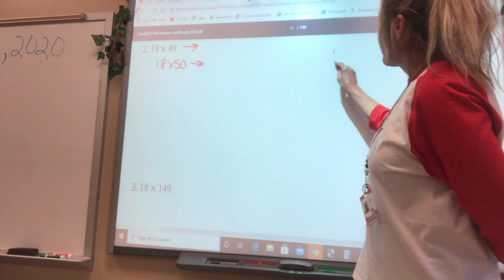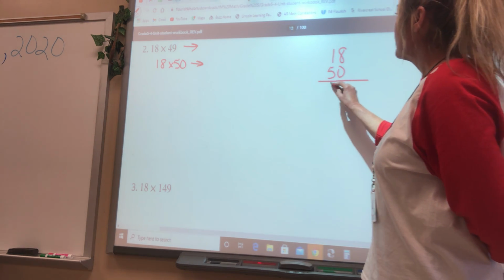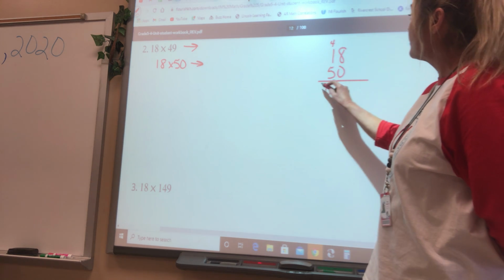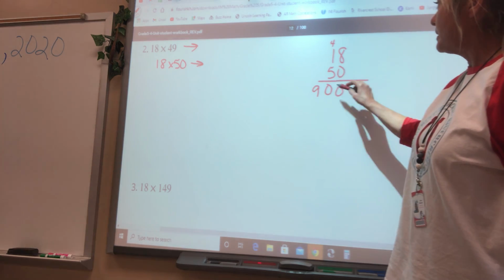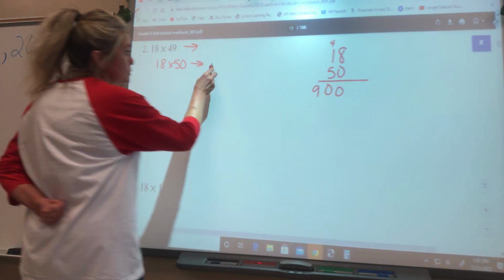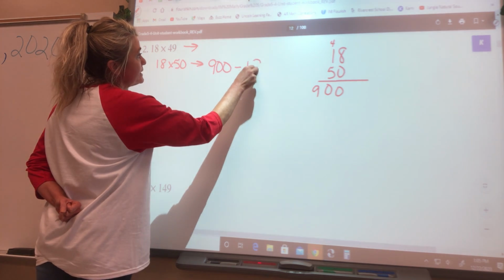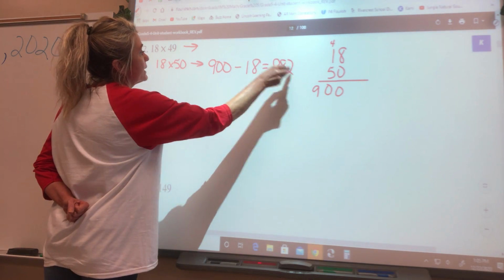We did our quick math. 5 times 8 was 40. 5 times 1 was 5. Plus 4 is 9. And then we had the one that we didn't use yet. Okay. So this was 900. And then we took 18 away from it and got 882.